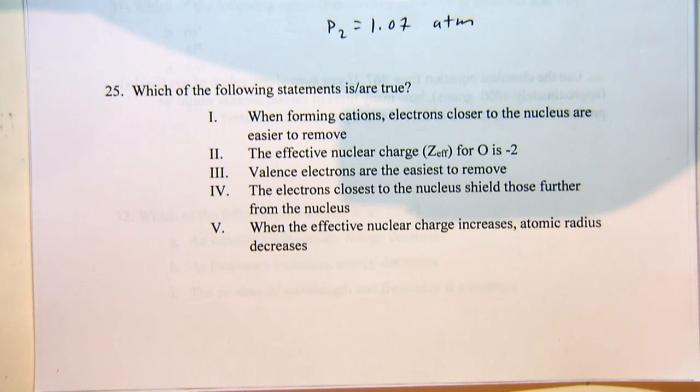Here are some statements, thinking about which of the following are true or false. Our first statement says when forming cations, electrons closer to the nucleus are easier to remove. True or false? Great.